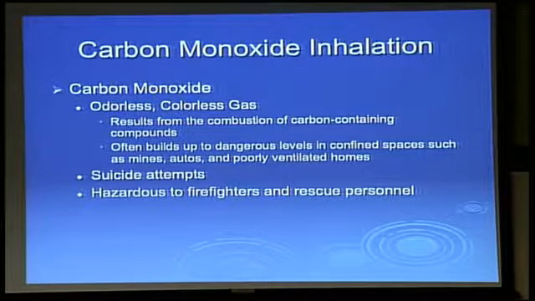For carbon monoxide, this is something where in the emergency department, we're very dependent on your pre-hospital assessment of what's going on, both from the data about the CO and just the history about the house and what was going on and how many people are affected. It's an odorless, colorless gas. Although it's been pretty hot, by the time of the next lecture, hopefully we'll have some cold days.